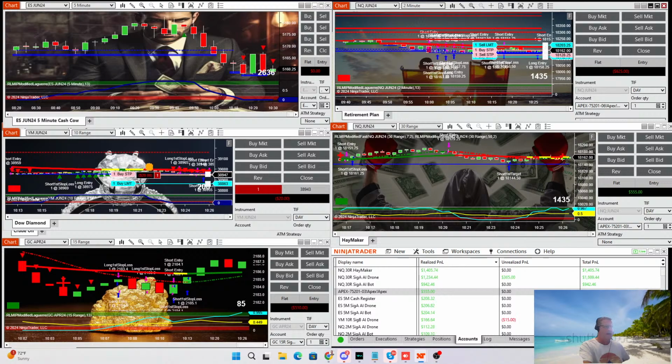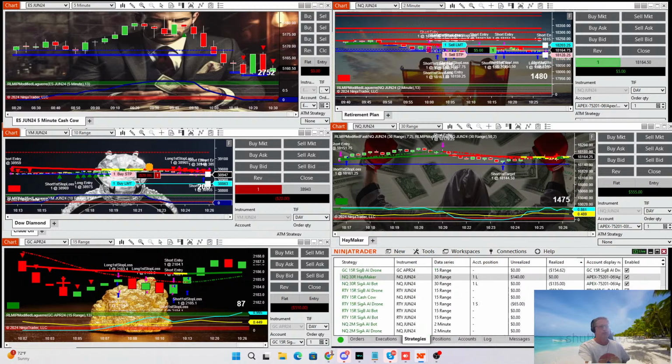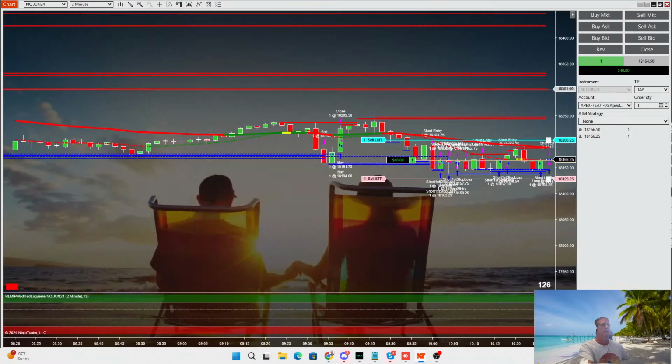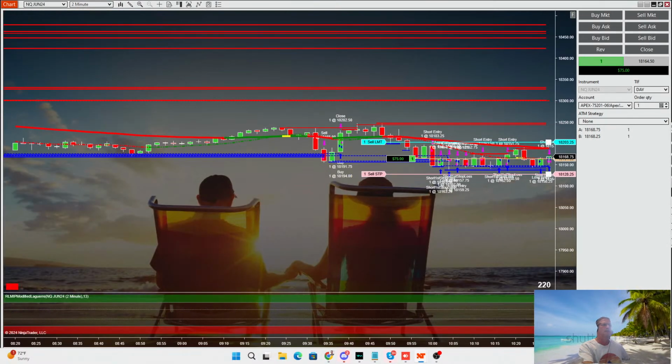It's a really bad idea to trade two Nasdaq strategies on the same account. I didn't realize that I had done that. You want to alternate accounts if you're trading the same instrument. It's best to use separate accounts.